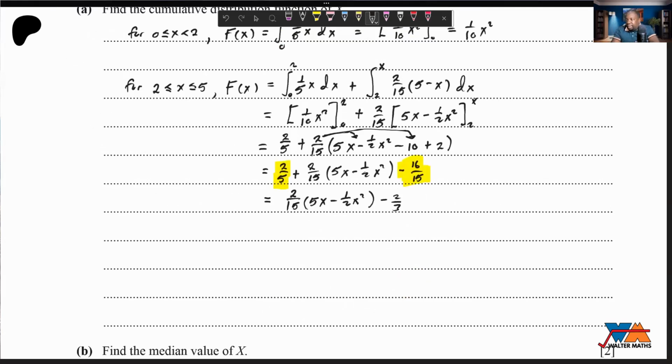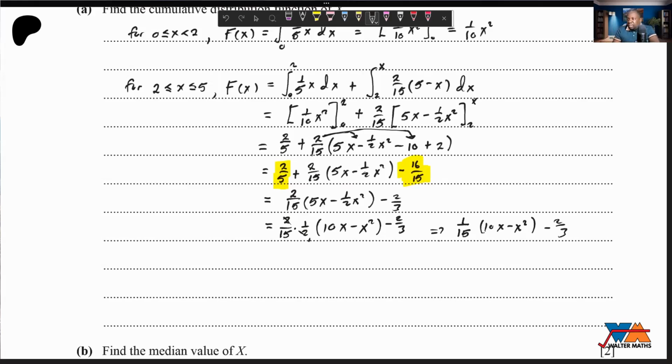Now from here, we can factor out a half, so that's 2/15 of a half, and factoring out a half, we get 10x minus x squared, minus 2/3, and here they divide, so we end up having a 15th of 10x minus x squared minus 2/3. Okay, that'll be the answer.